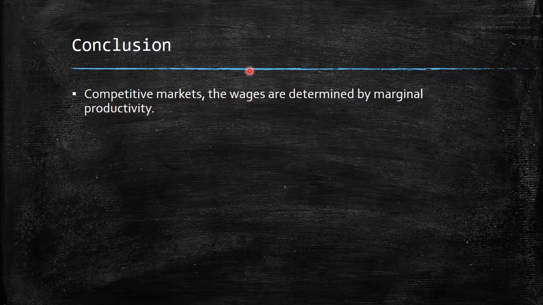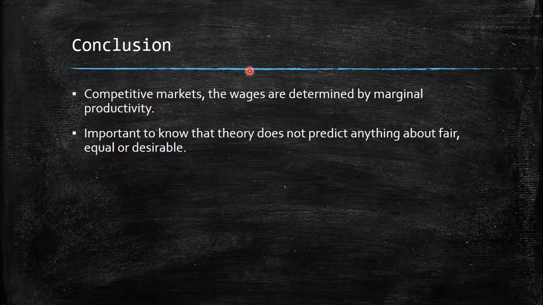As a conclusion, just like in competitive markets, the wages are determined by the marginal productivity, and it's important to know that the theory does not predict anything about what is fair, equal, or desirable. They just try to explain.